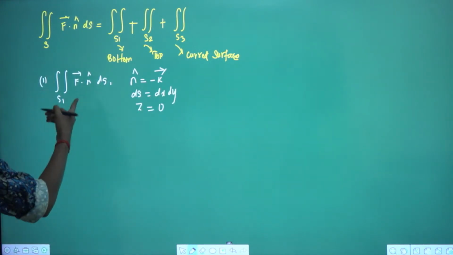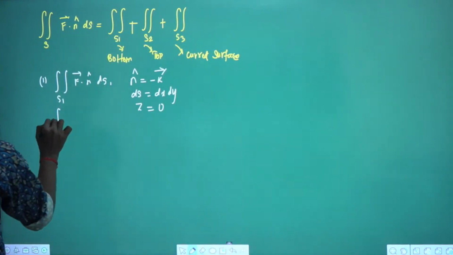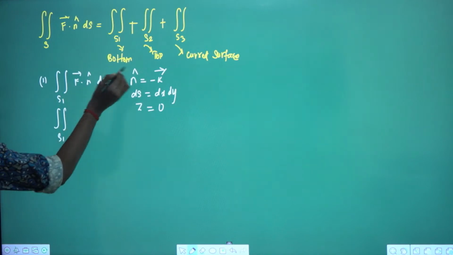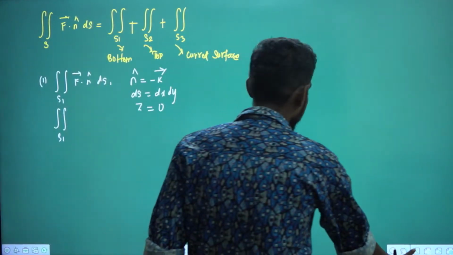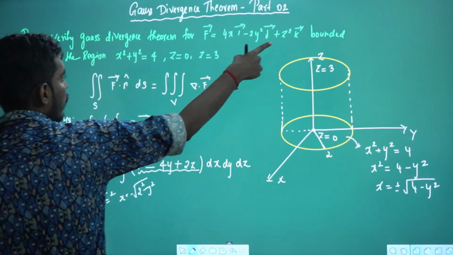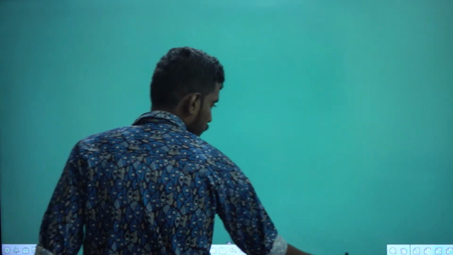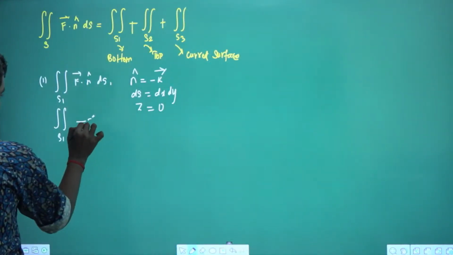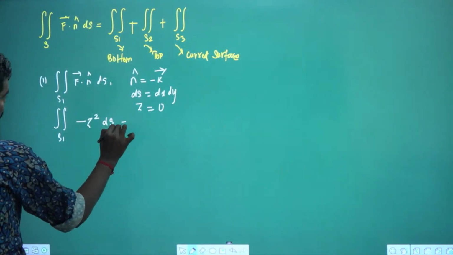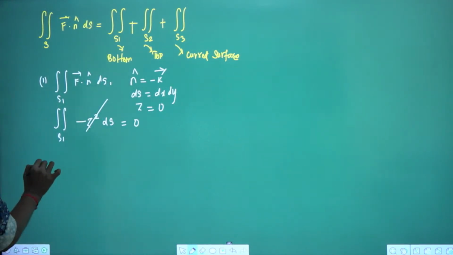Now what is f vector dot n cap? You just make a dot product with minus k, you will have minus z square. So minus z square is your f vector dot n cap, and this will be 0 because z is 0. So your bottom surface is 0.